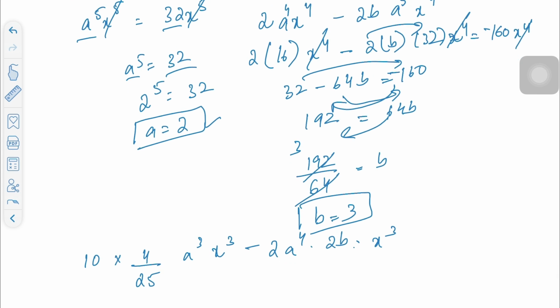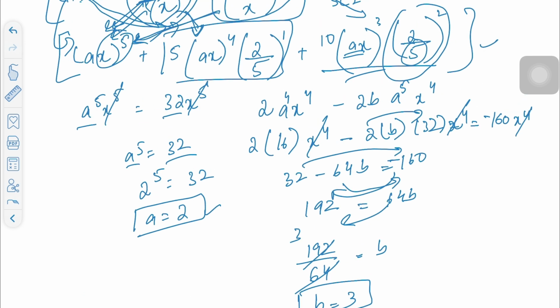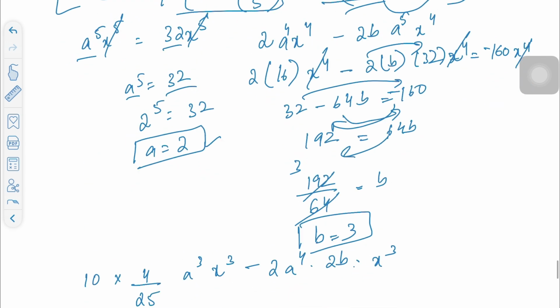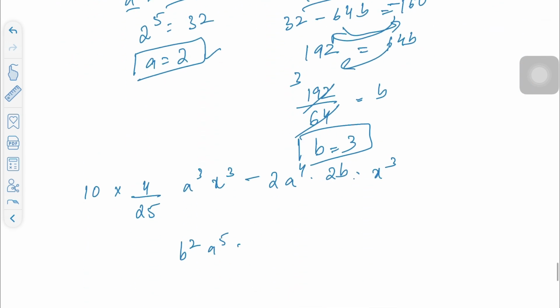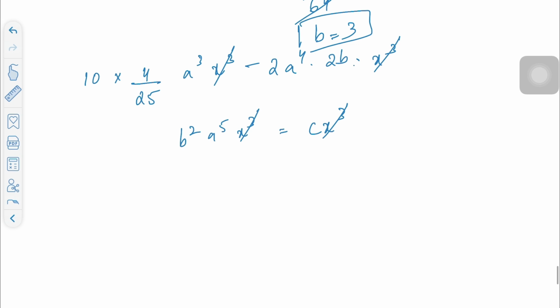So now we have to multiply this by this, so this would be b squared over a to the power 5 x cubed. This equals cx cubed. We can cancel the x cubes and just calculate it. This is basically 2, so this is 8.